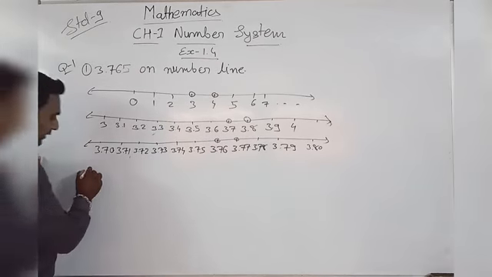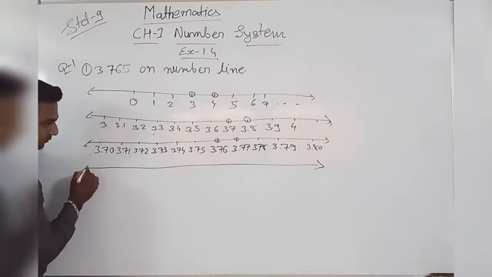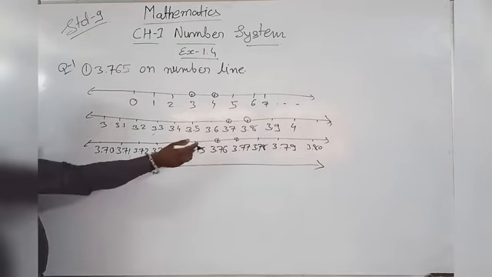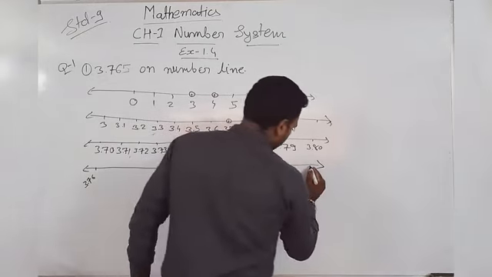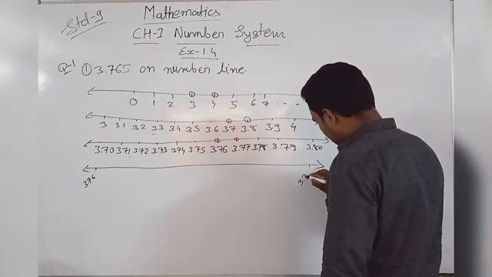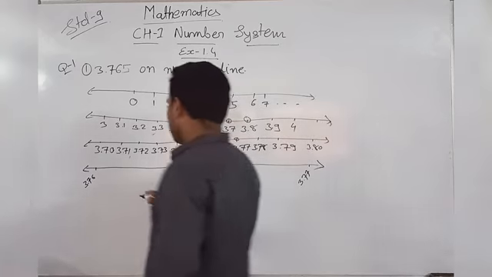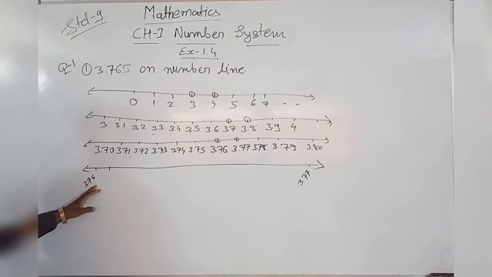Clear? Now again draw the next number line. Here we write 3.76, here we write 3.77. Now start from here. This is 3.76.